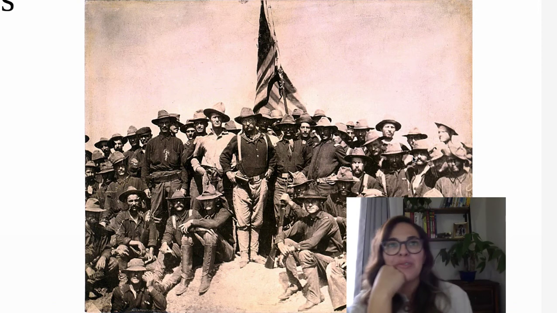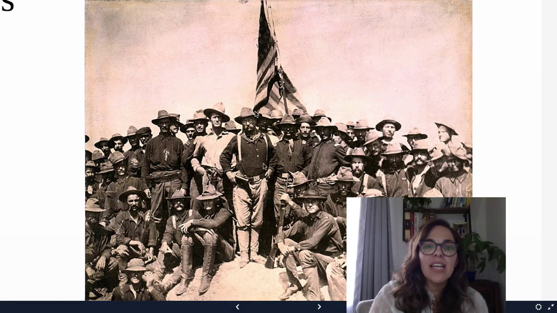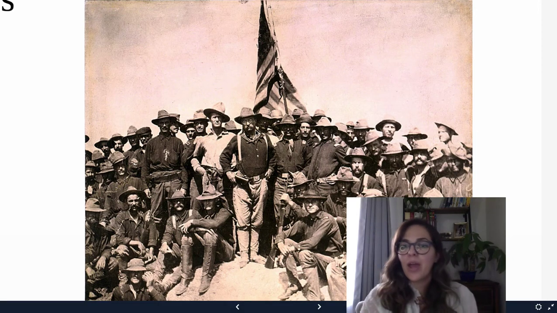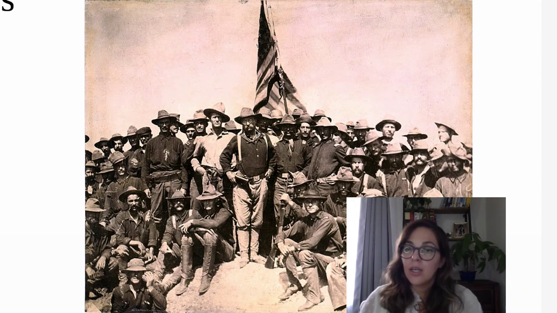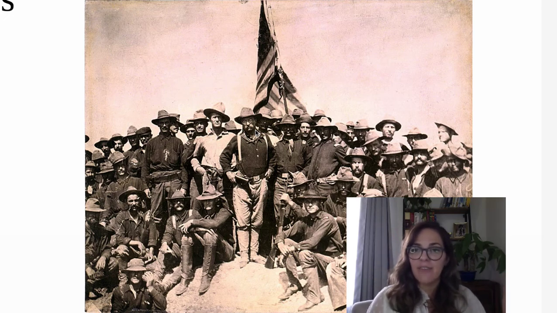Here is a picture of them, and that right there is Teddy Roosevelt, okay? So what happens here with the Rough Riders, first of all, who are they, right? Remember I told you Teddy Roosevelt, he's not president, he's not vice president, he works for the Navy, Secretary of the Navy, okay?